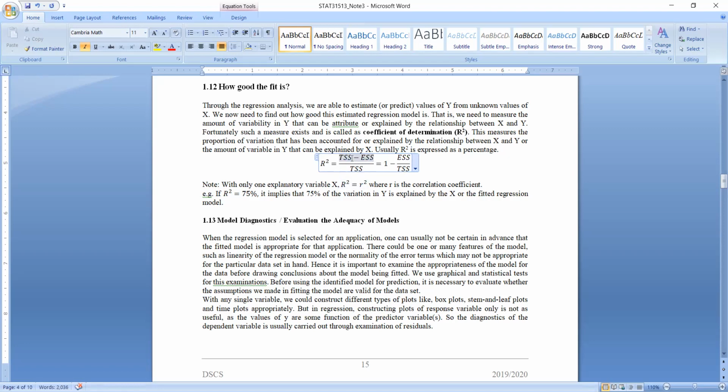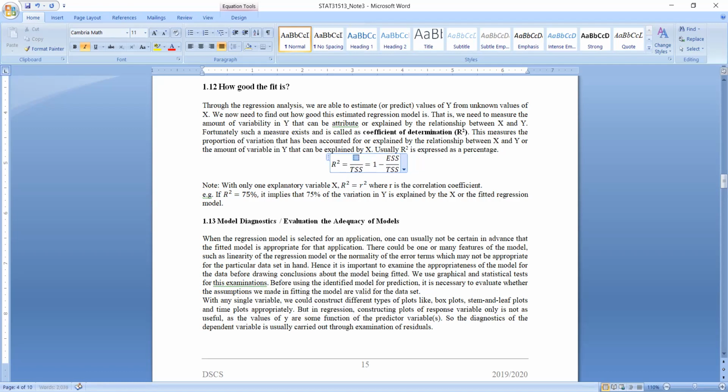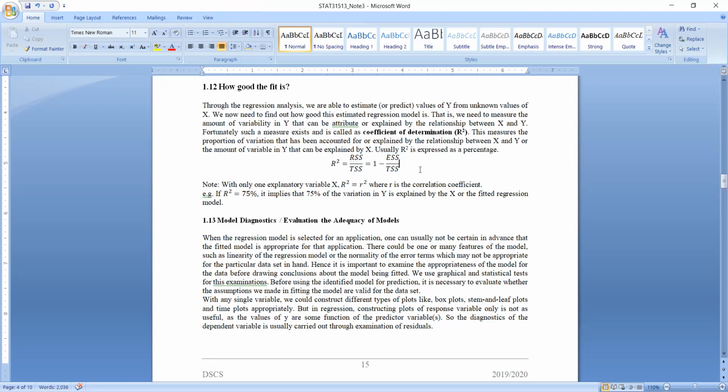If you further simplify, TSS divided by TSS is 1, minus ESS divided by TSS. So you have this equation. When you calculate the R squared value, you can simply take RSS over TSS, or if you know the error sum of square and total sum of square only, you can use this equation to calculate the R squared value.